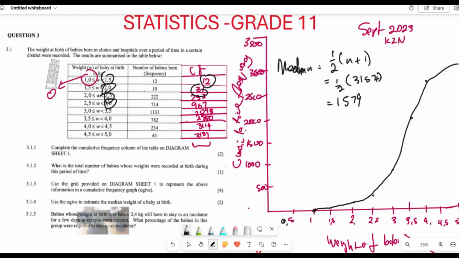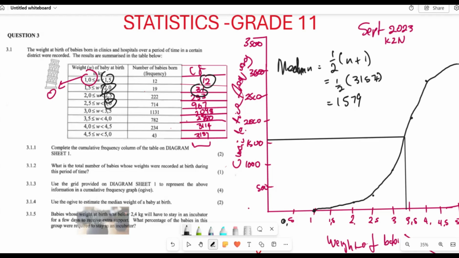So you're going to come here and say 1,579. It's going to be somewhere here, almost somewhere here. Then you draw your straight line here. Then you come down here, right? That's going to be the estimated median value.